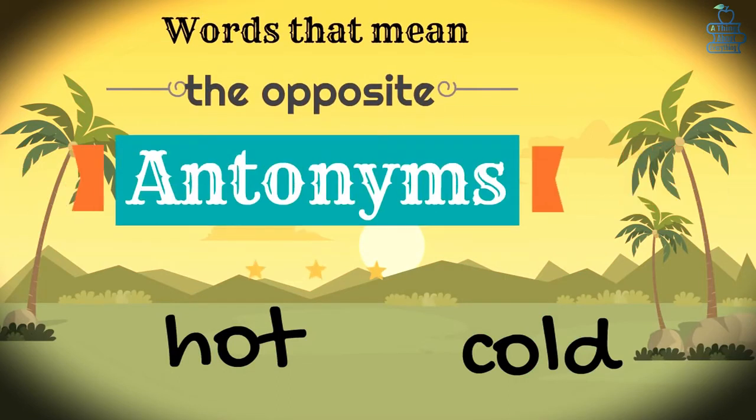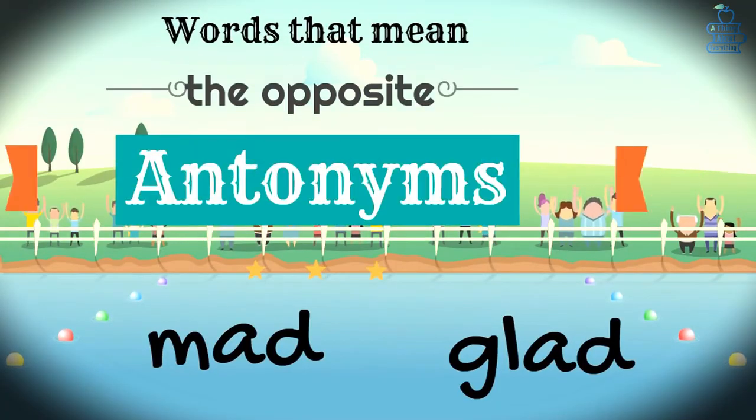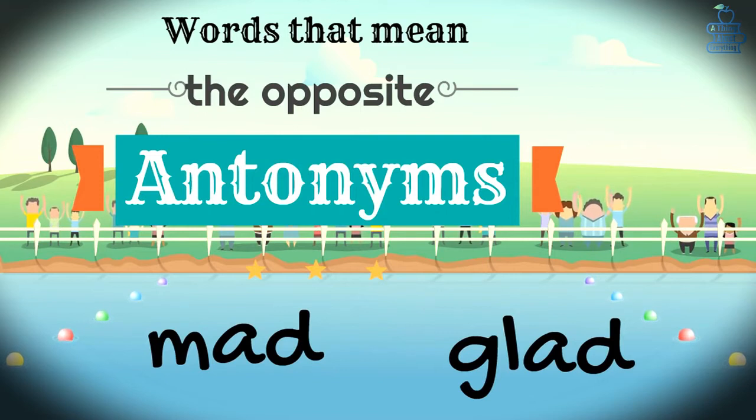How about these antonyms? Hot and cold. Hot and cold mean the opposite things. That means they're antonyms. They're opposites. Hot and cold. They're words that mean the opposite thing. Antonyms are words that mean the opposite thing, like mad and glad. They're completely different. They're opposite. These words are antonyms.